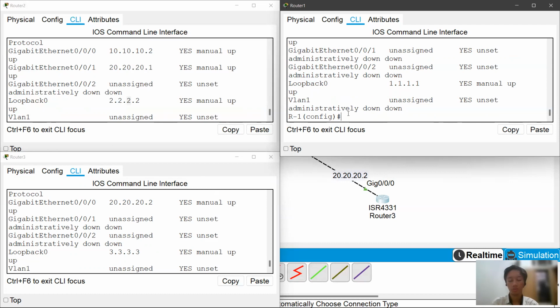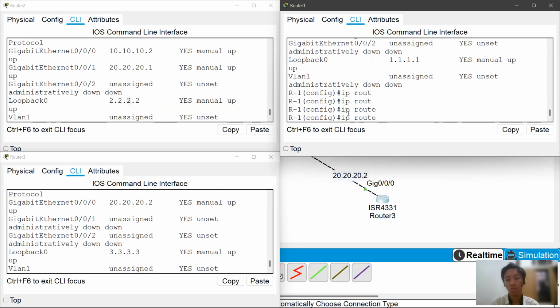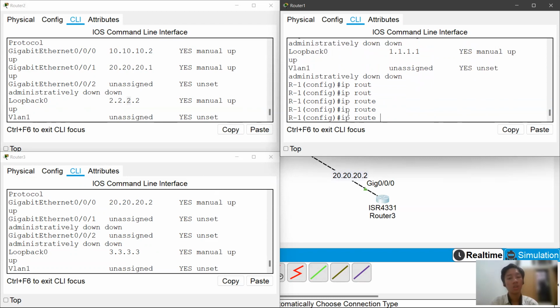Okay, let's go for example. IP route. Oh, we test ping first.